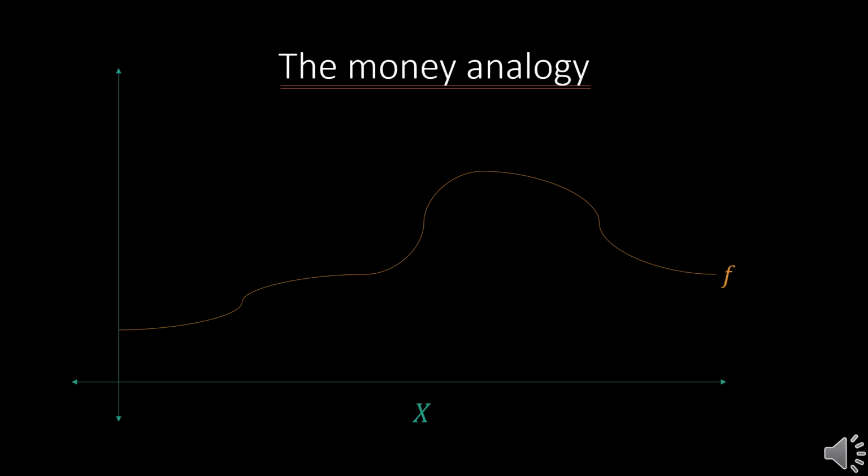Lebesgue proceeds differently, however. While Riemann partitions the domain into a series of intervals, then uses the output to approximate the height of the box, Lebesgue picks out simple functions that approximate our graph f during certain intervals.